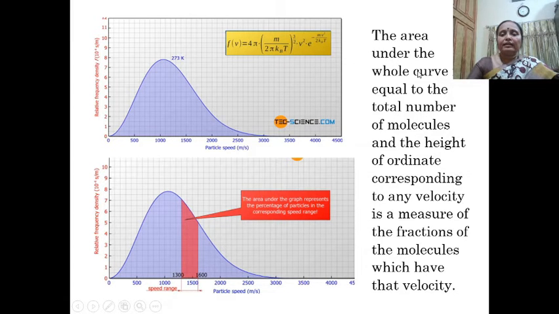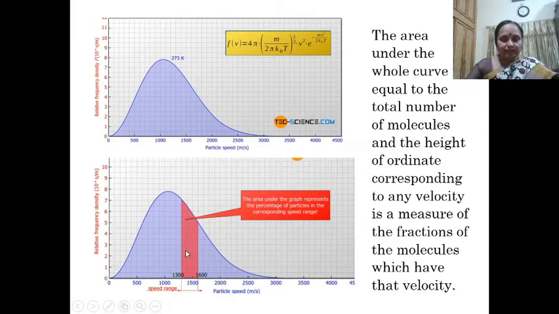The area under this whole curve is equal to the total number of molecules, and the height of the ordinate corresponding to any velocity is measured as the fraction. So this height gives me the fraction of the molecules which have that velocity.